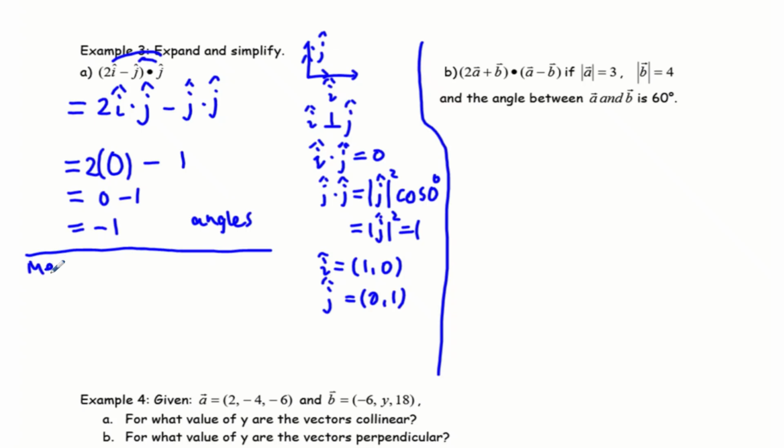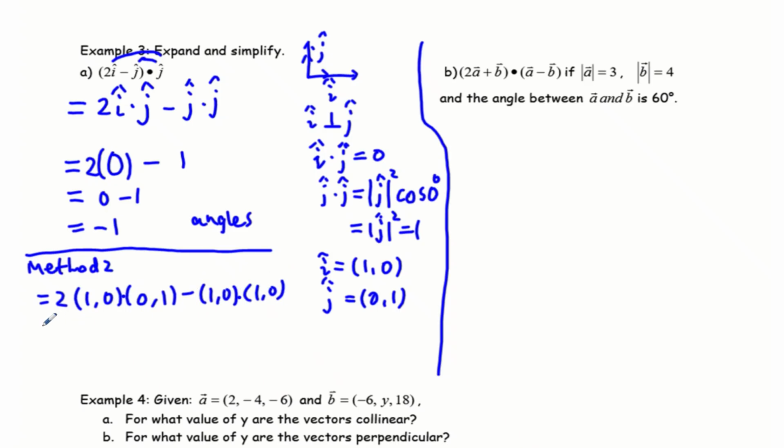Then another method, we just use components. So we have 2 times i is (1, 0), j is (0, 1), minus (1, 0) dot (0, 1)... the dot product.